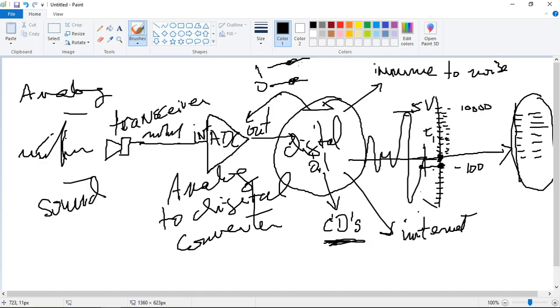By satellite, optical cables, radio waves, wires, and so on. Technology has gone forward tremendously in transmission of digital information.